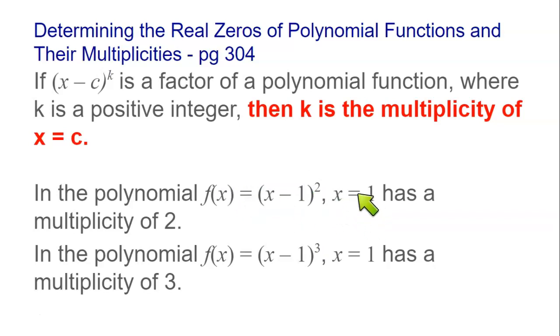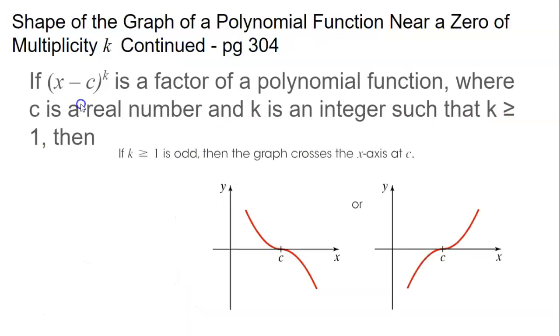Well, we say that x equals 1 has a multiplicity of 2. And in the polynomial function f of x equals x minus 3 cubed, if I solve that for x by setting this equal to 0, take the cube root of both sides and then add 3, then we say that it has a multiplicity of 3. I'll talk about that in just a moment.